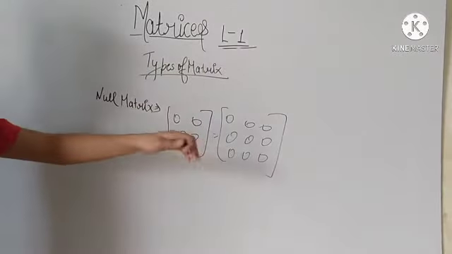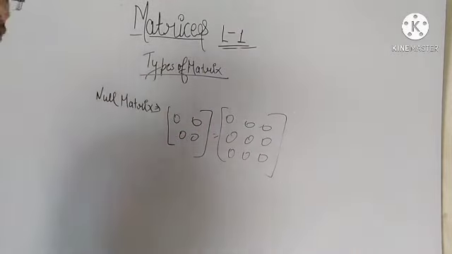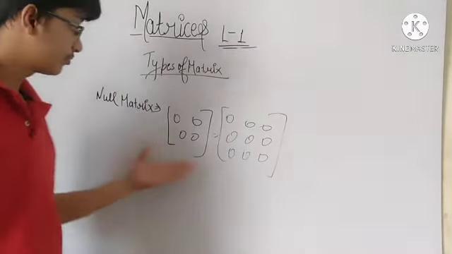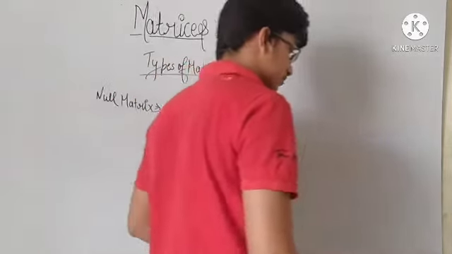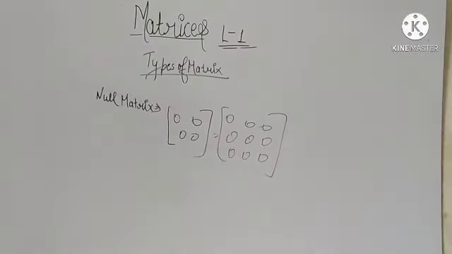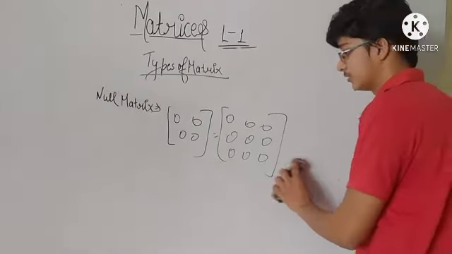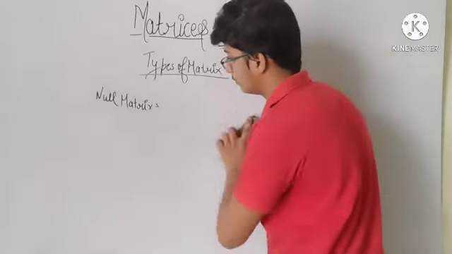All elements, diagonal, rows, columns, all are 0, this is called a null matrix. So here all types are covered, and now we have to come to the questions. So we will do some questions.